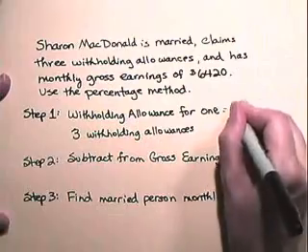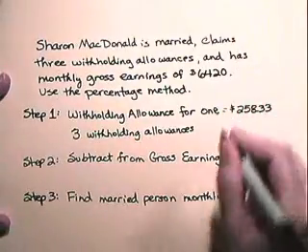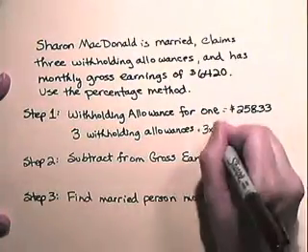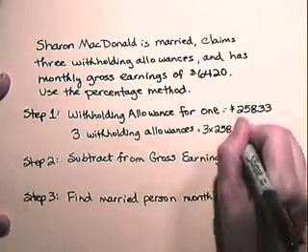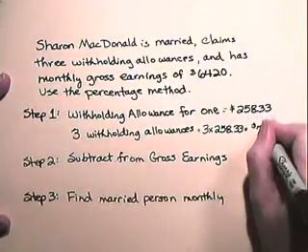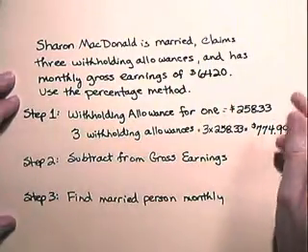So that withholding allowance is $258.33. She claims 3 withholding allowances, which would be 3 times $258.33, which is $774.99.